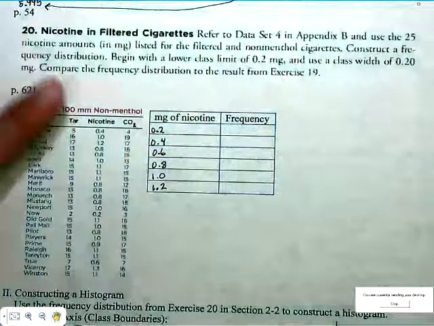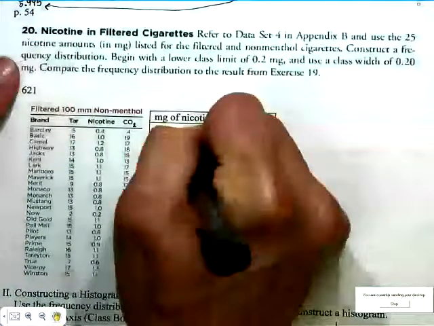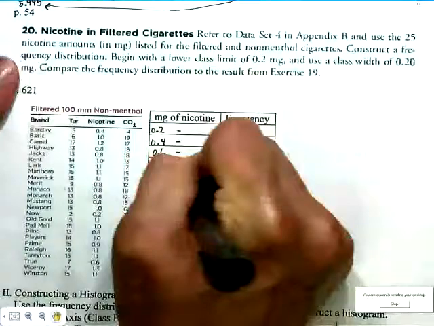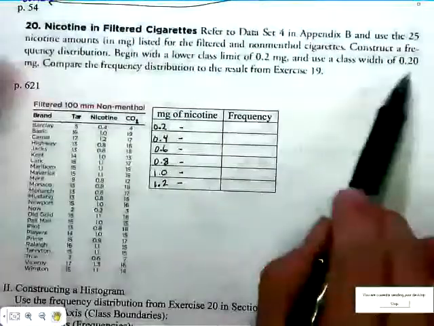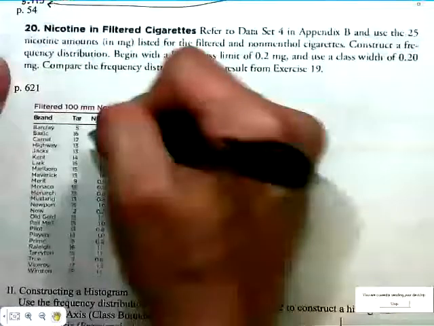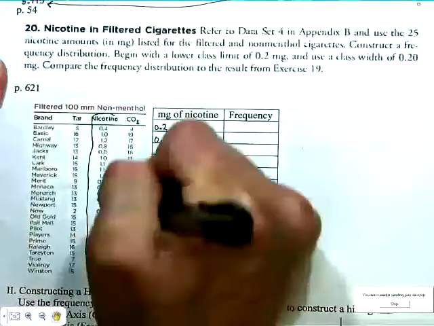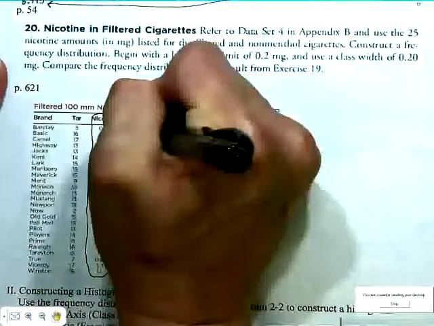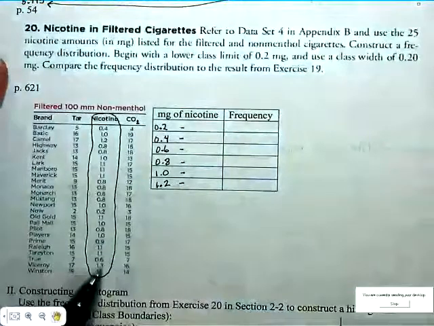Now for the upper limits, let's see, what is it we're going to make? We're going to make our frequency using just this nicotine column. Well, let's think about it a second. All of these amounts of nicotine are listed to the nearest 10th.